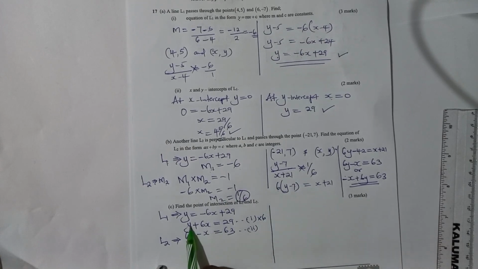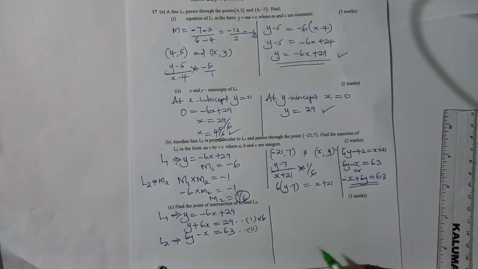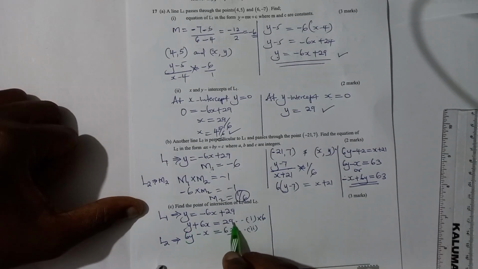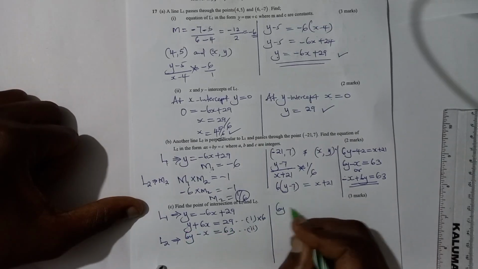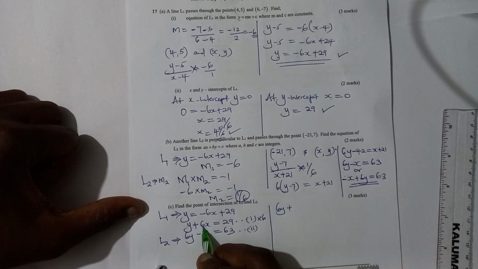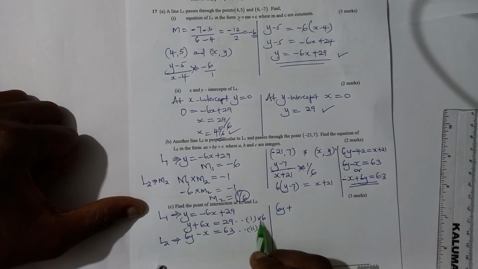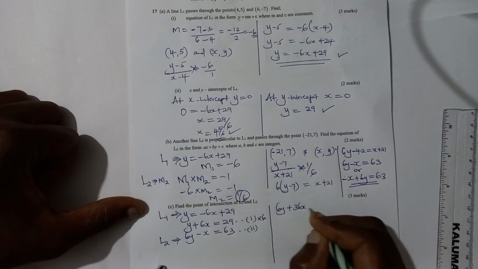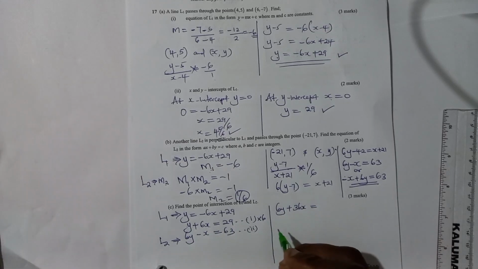I can multiply the whole of this equation by 6 so that I can have 6y and subtract 6y to eliminate it. Every term should be multiplied by 6. y times 6, 6y. 6 times 6x, you get 36x is equal to 29 times 6.